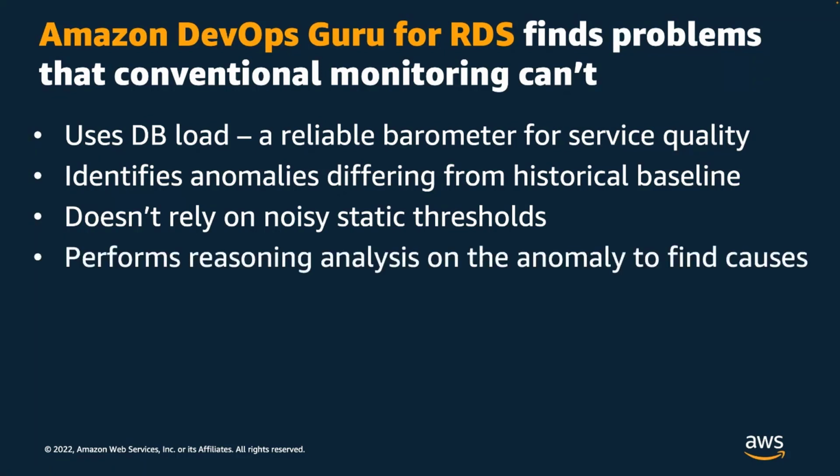So DevOps Guru for RDS analyzes these anomalies, pulls them apart, and identifies causes based on algorithms developed from years of performance analysis at Amazon across thousands and thousands of databases.